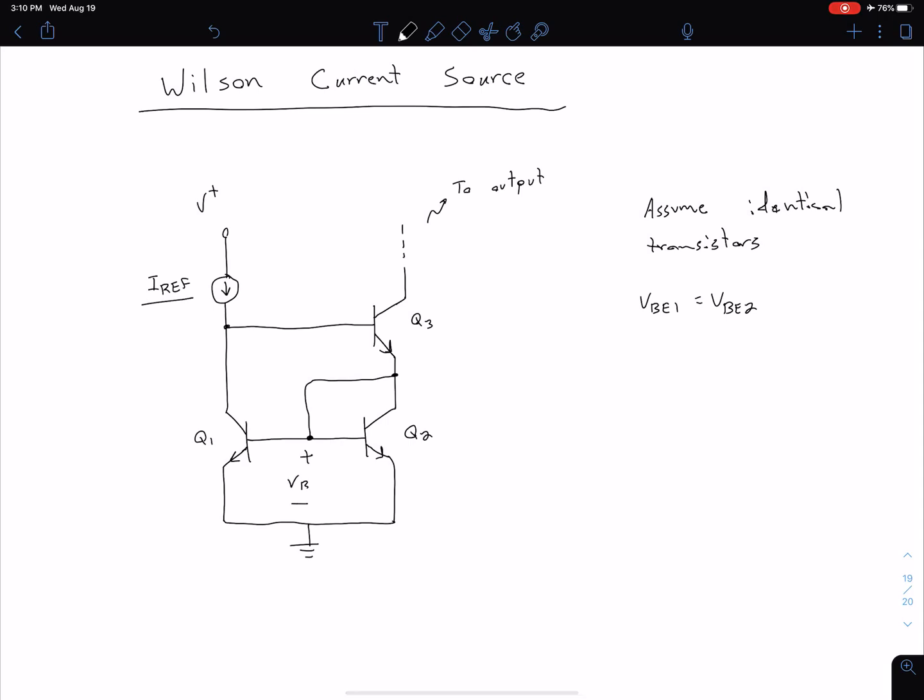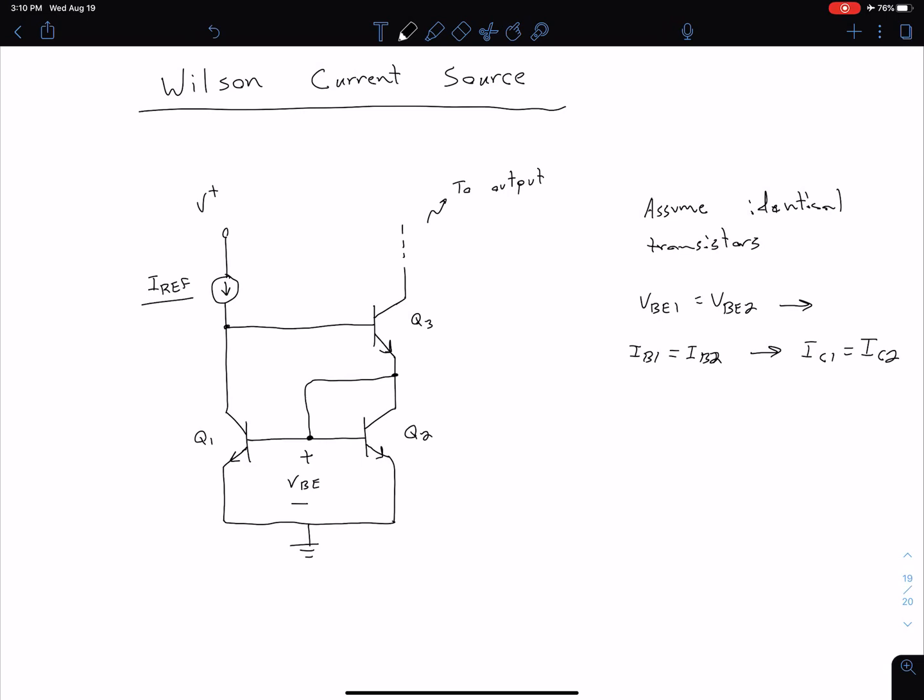We know that these are both equal to VBE. Those are the same. And so based on our transistor IV equations, we know that IB1 is going to be equal to IB2, and if IB1 is equal to IB2 and the transistors are matched, meaning they have the same beta, that means our IC1 is also equal to our IC2.